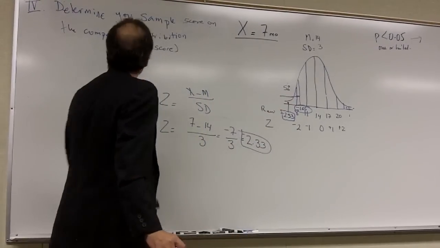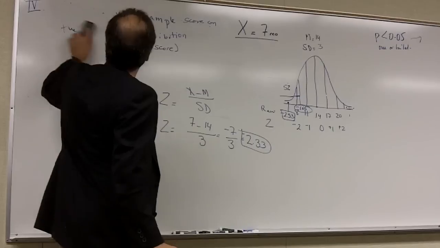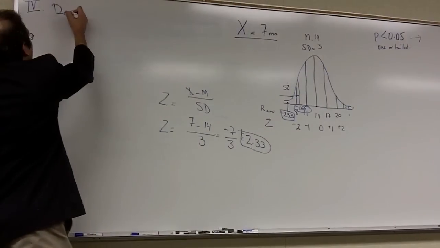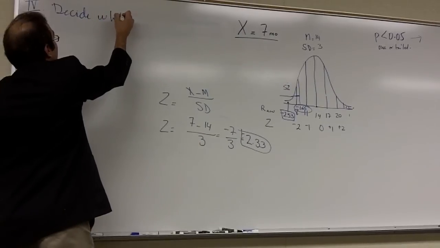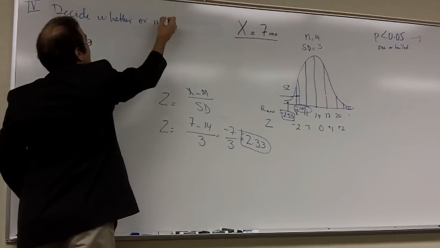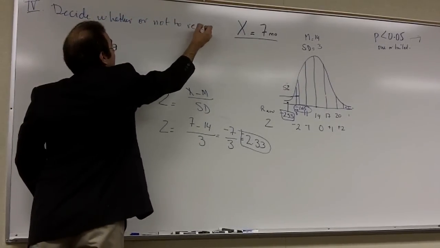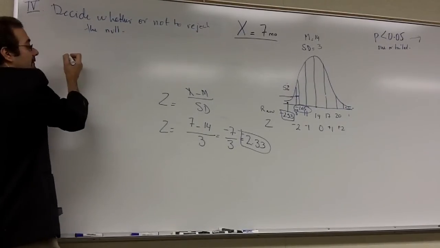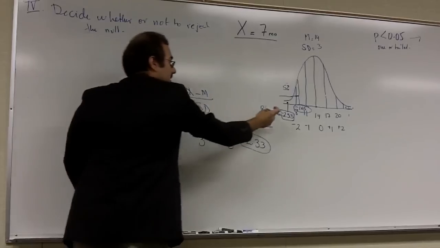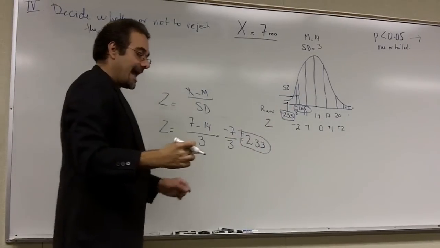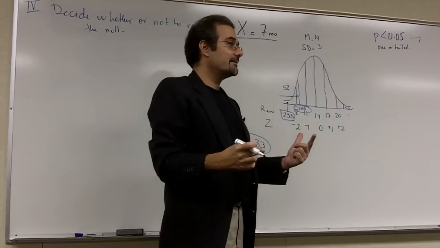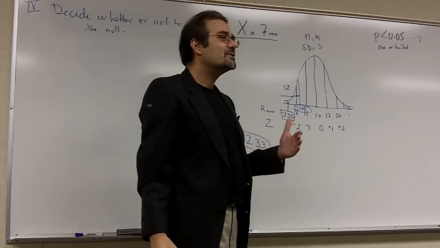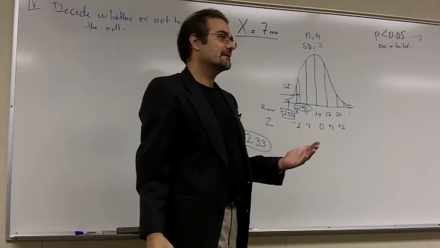So your last step is determine whether to reject the null or not, right? Decide whether or not to reject the null. And in this case, we do reject the null because this baby, had the drug had no effect, the likelihood of us picking that baby is so low that we do not think the drug had no effect.